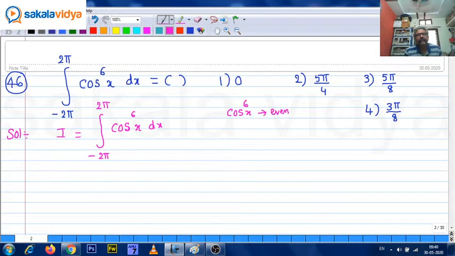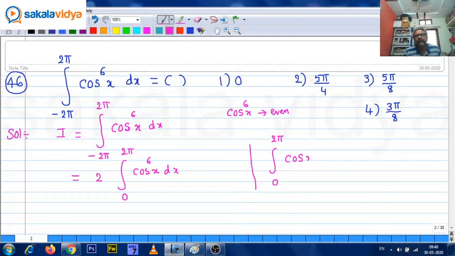When it is even, you can write this as 2 times integral 0 to 2 pi cos x to the power of 6 dx. And one more case we have: integral 0 to 2 pi cos x to the power of n dx equals 4 times integral 0 to pi by 2 cos x to the power of n dx, if n is even.